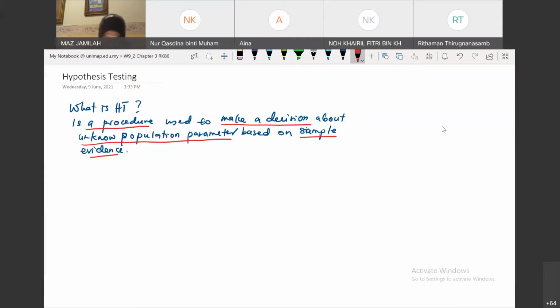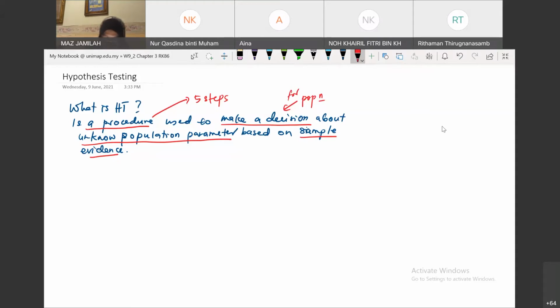When we say a procedure, it will involve 5 steps, 5 steps of procedure on how hypothesis testing is carried out. It is used to make a decision. Decision of what? Decision of your population, using your sample evidence.